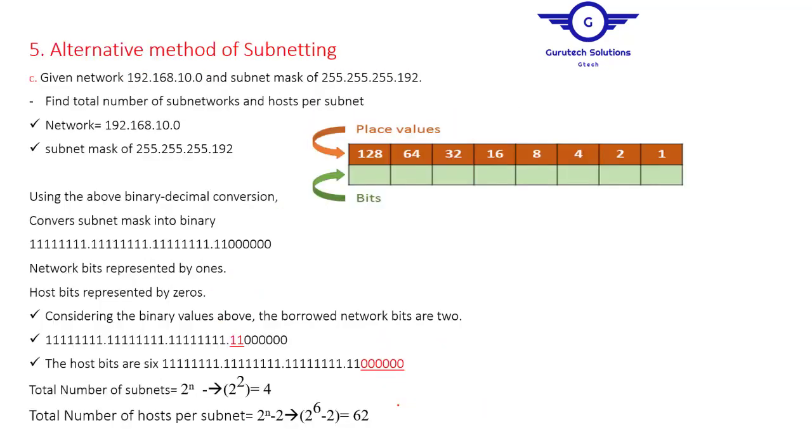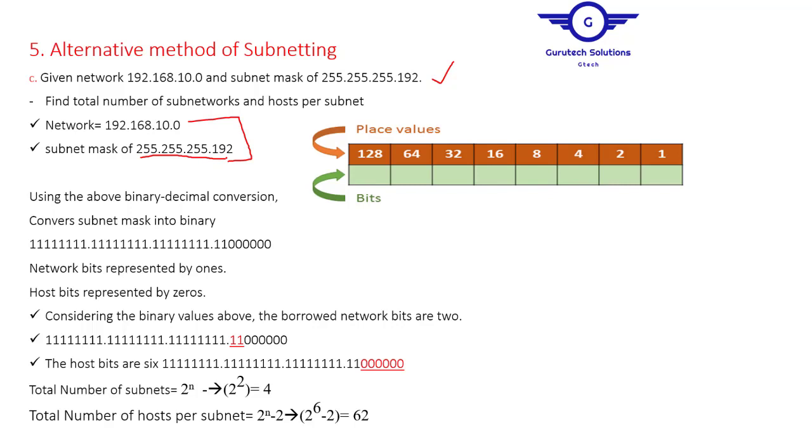Okay. Also, there is an alternative method of subnetting that you're going to use to calculate the previous problem. So these are the network and subnet mask. Remember, this is classless subnetting. And what we do, we change this one into binary representation.